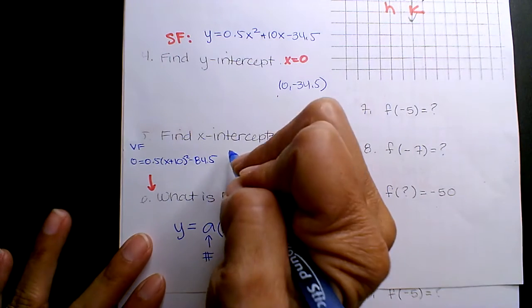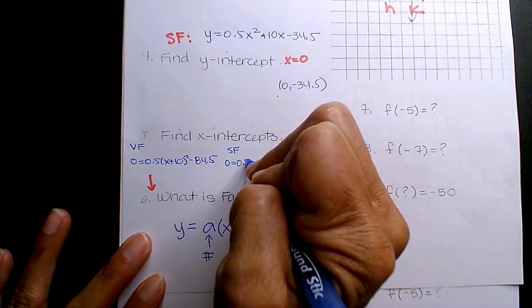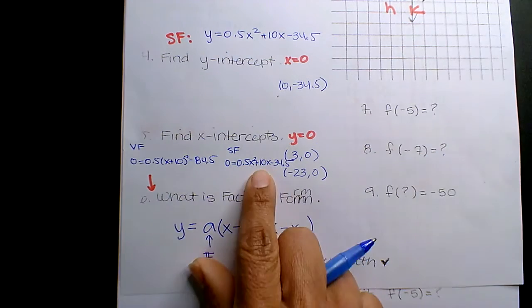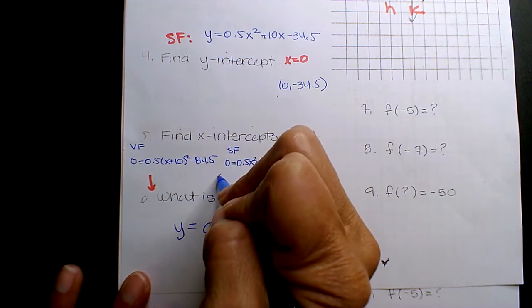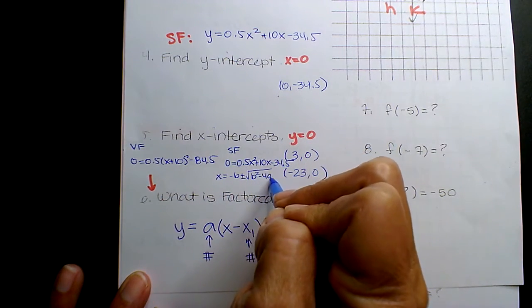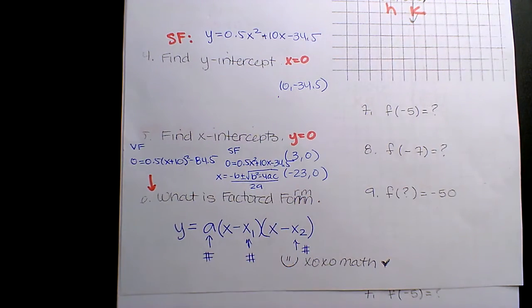If you wanted to do standard form, you would use the standard form equation. What you have is 0 equals 0.5x squared plus 10x minus 34.5. Okay, quadratic formula. If you're good with the quadratic formula, write this: x equals minus b plus or minus the square root of b squared minus 4ac, over 2a. You could throw it all into the calculator, and you'll get your two numbers, one positive, one negative.